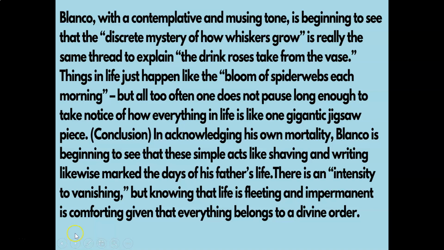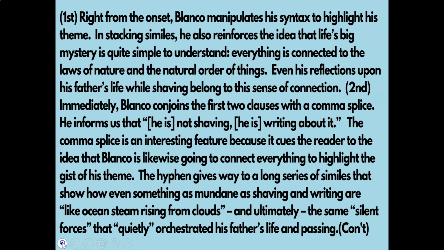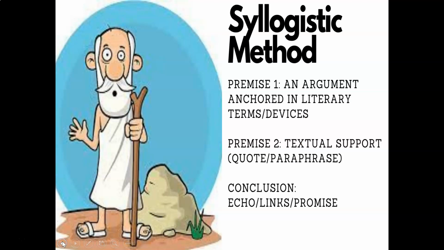So one of the things I forgot to say when we were looking at the syllogistic method is students often ask me, how many sentences should a body paragraph be? And I think that's a really good question. I don't think we talk about that enough. So those little itty bitty 4, 5, 6 sentence paragraphs that we sometimes get, I don't think there's enough analysis and support in there to fully substantiate and prove the argument.